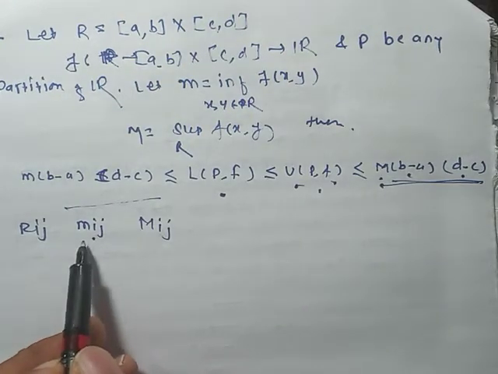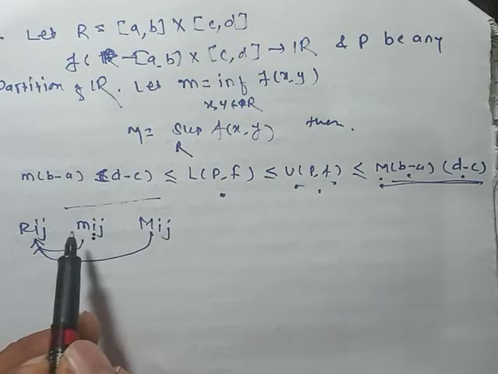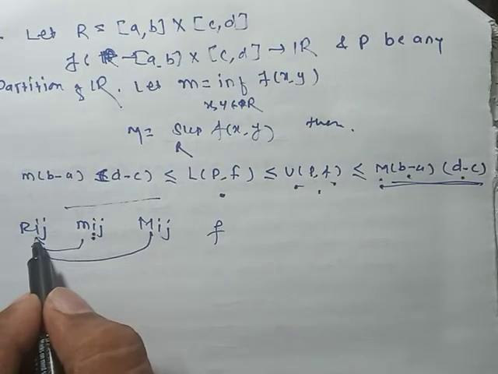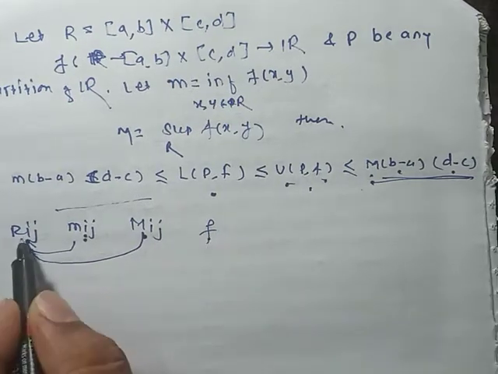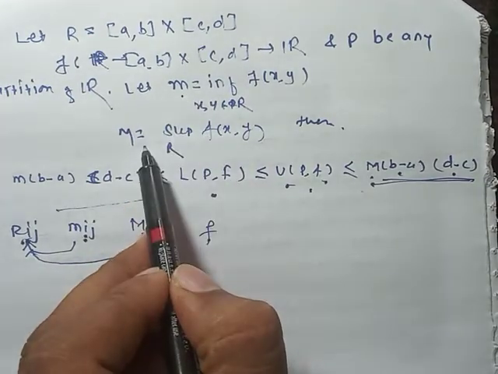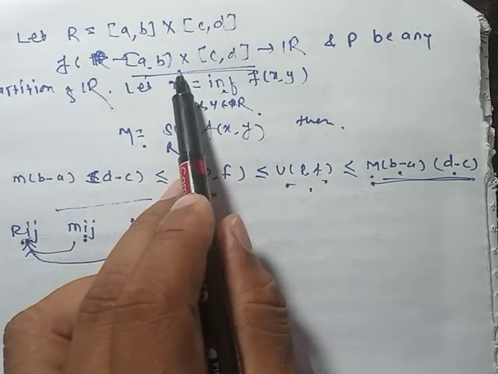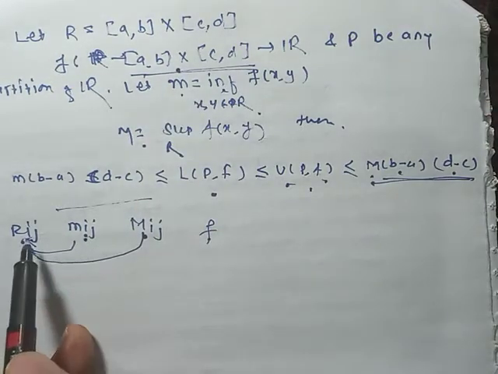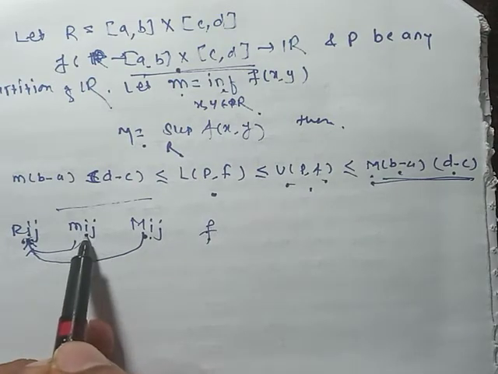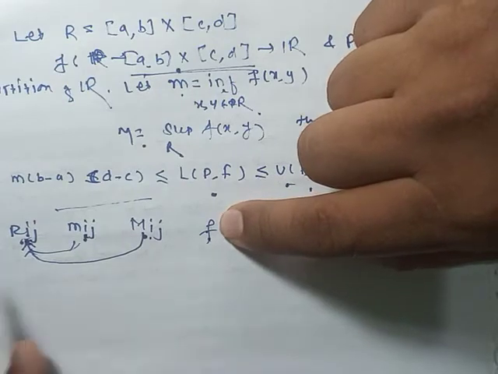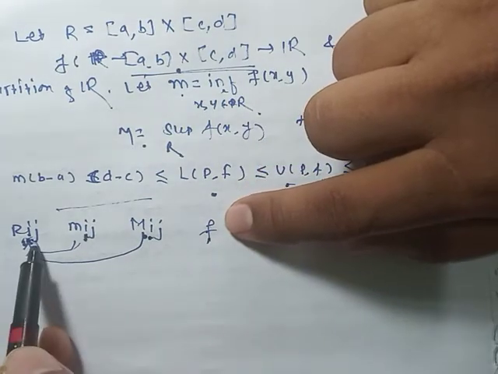Small mij is the infimum of this function f on the subrectangle Rij, and capital Mij is the supremum of this function f over Rij. Here we are defining small m and capital M as the infimum and supremum over R, but Rij is a subrectangle, and we define mij and capital Mij with respect to Rij.